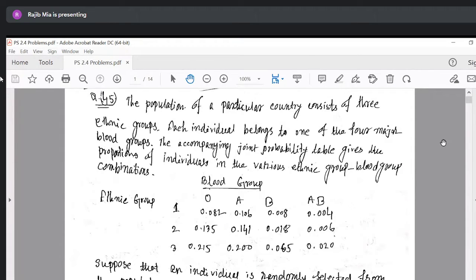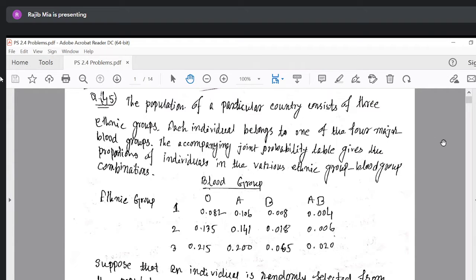So if we examine one individual randomly, then he can be from either ethnic group 1 or ethnic group 2 or ethnic group 3, or he belongs to blood group O or A, B or AB. So these proportions are given in this table.